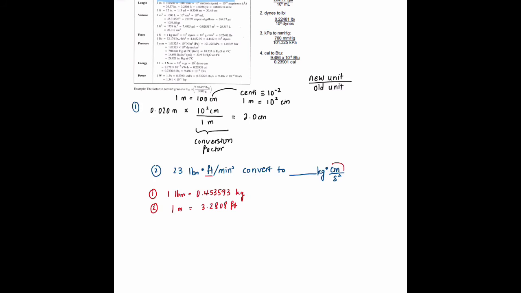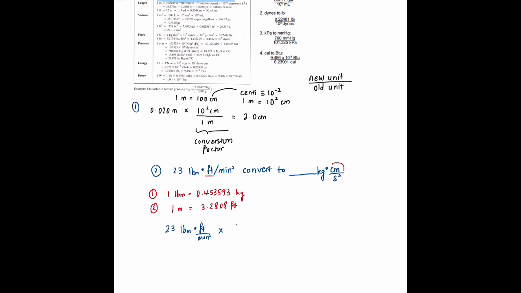So with the conversion factors in place, I can start applying them. 23 pound mass equals, I can multiply it first to convert it to kg.